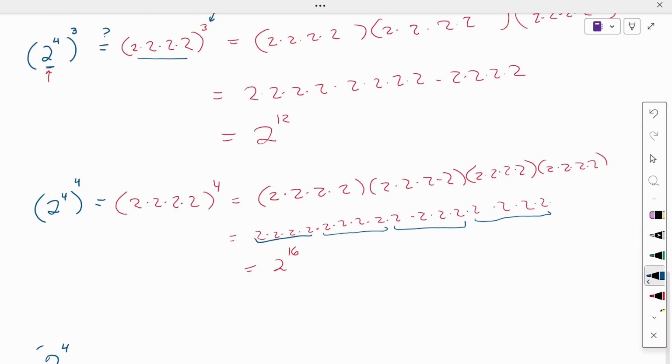So if I take 2 to the 4 and I raise it to, say, the fifth power, you're going to now have 2 times 2 times 2 times 2 raised to the fifth.